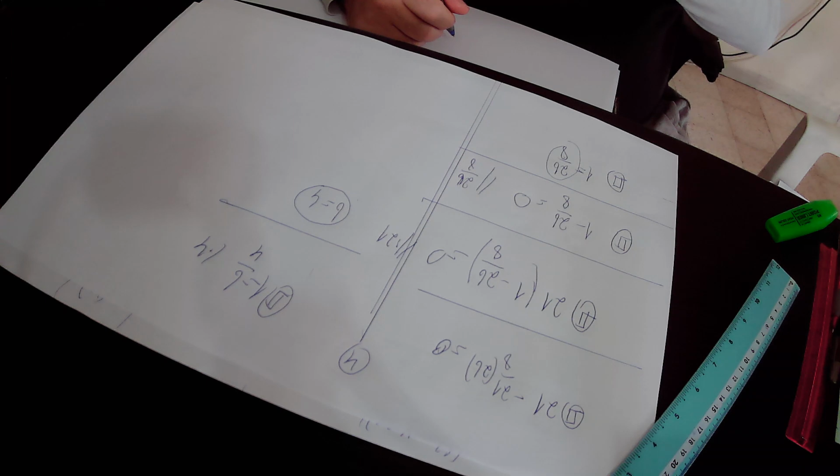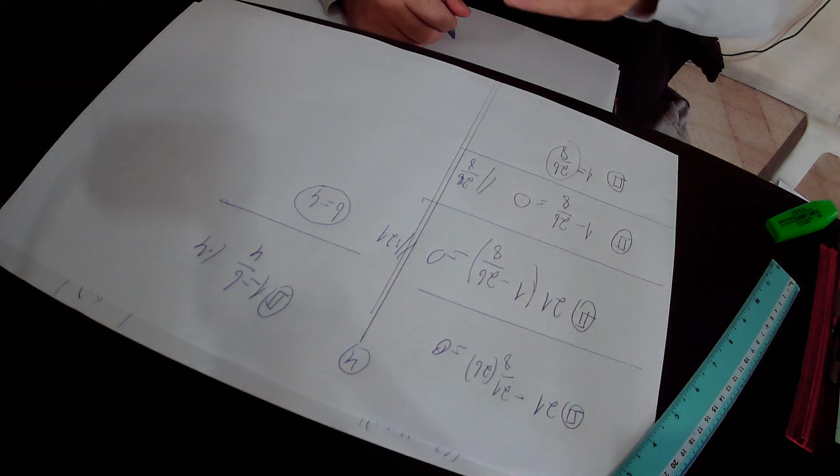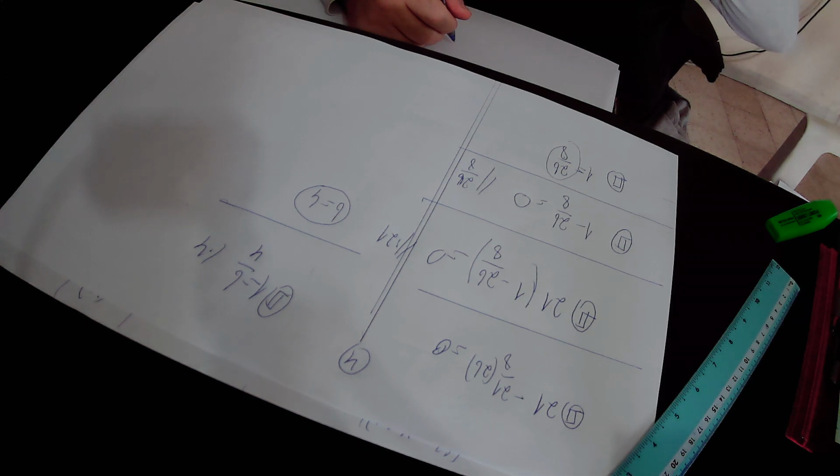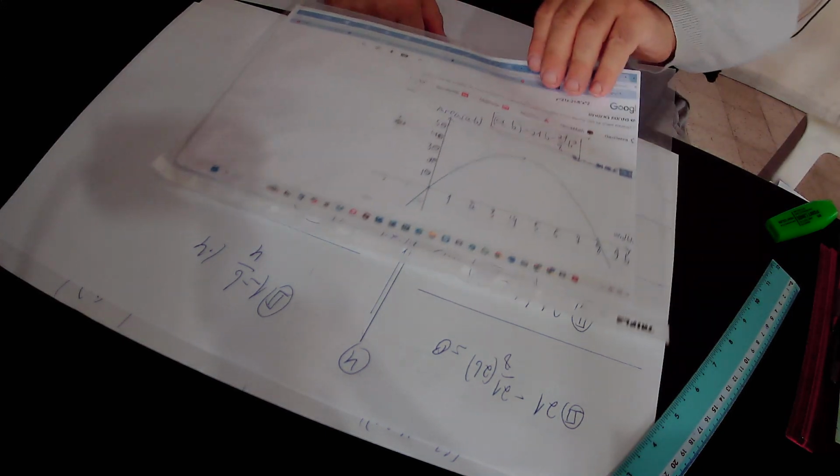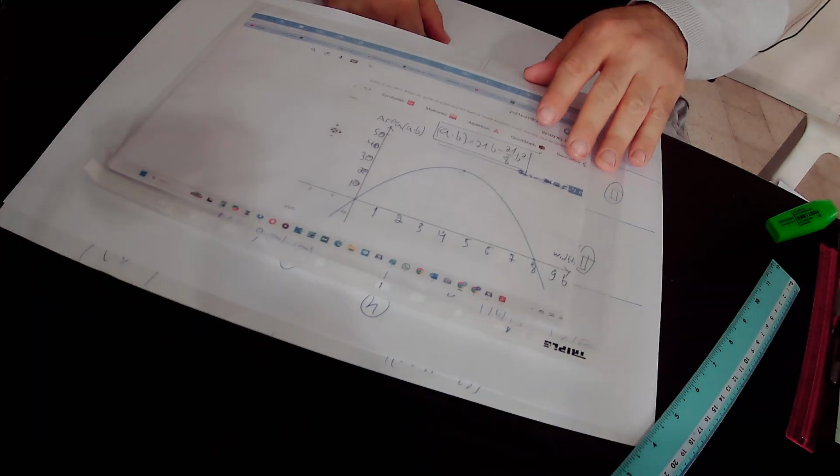In order to find out if b equals 4 is a minimum extreme point or a maximum extreme point, we have to draw the function area, and from the graph we can easily see whether the point b equals 4 is a minimum extreme point or maximum extreme point. Actually, I will only draw the function area.